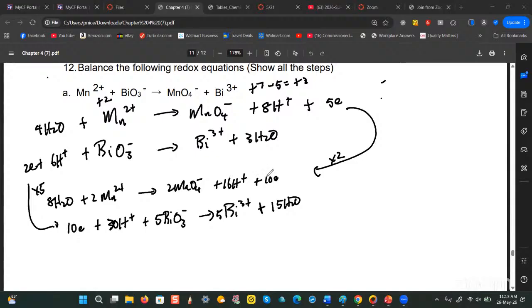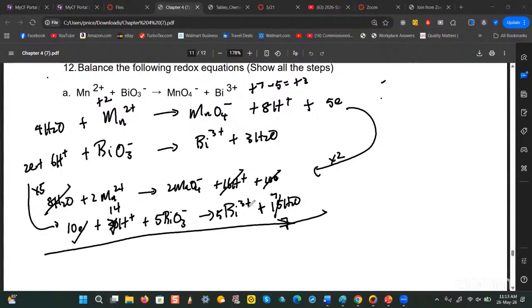And then the next step is to cancel out the electrons. But not only that, we need to cancel out the waters. In fact, these 8 water molecules here will cancel out 8 of these, leaving behind 7. And these 16 hydrogen ions will cancel out 16 of these, leaving behind 14. So not only do we cancel out the electrons, but some of the water and some of the H+ ions will cancel out, right?